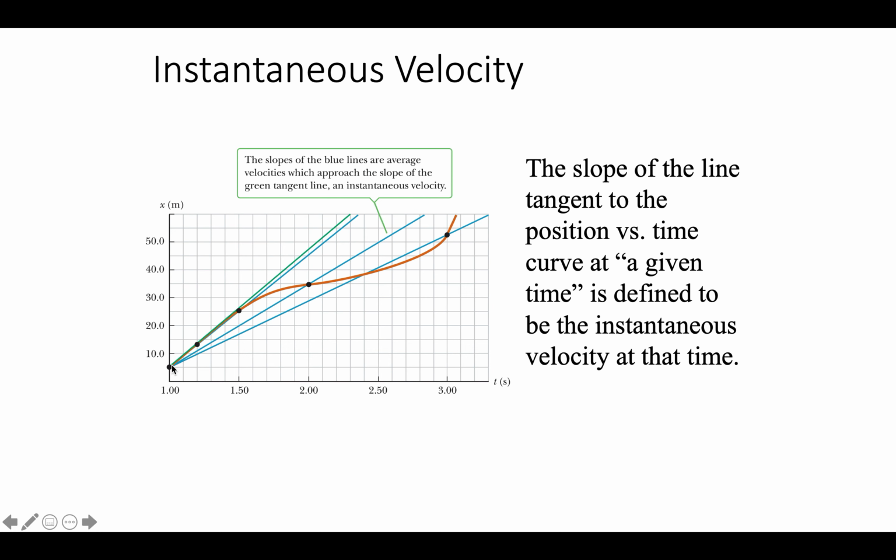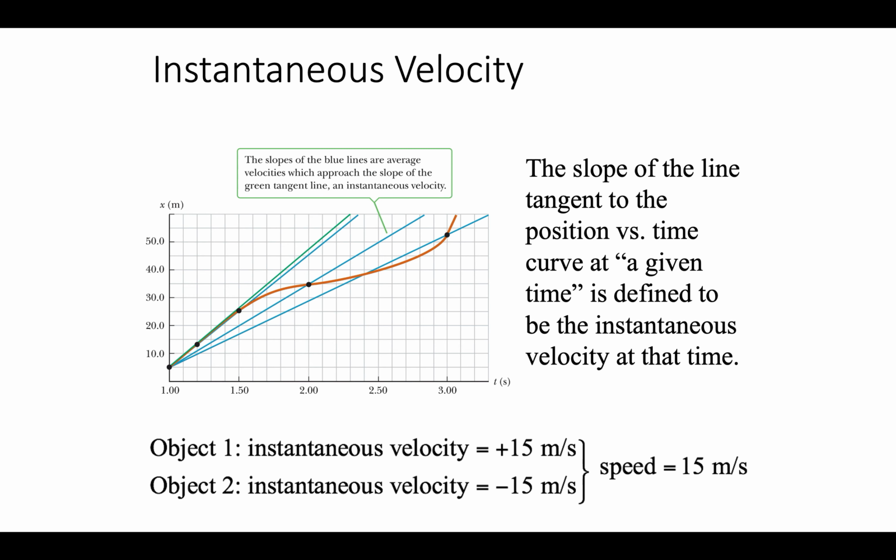The average velocity from here to here is given by this, which is starting to become very close to the instantaneous velocity somewhere right in this region. So take the slope of the tangent line, and that will give you an instantaneous velocity off of a position-time graph. Okay?